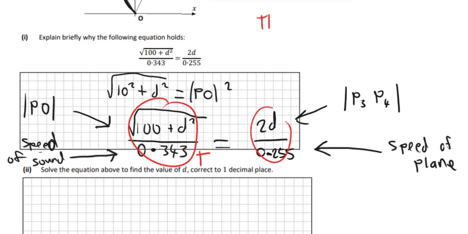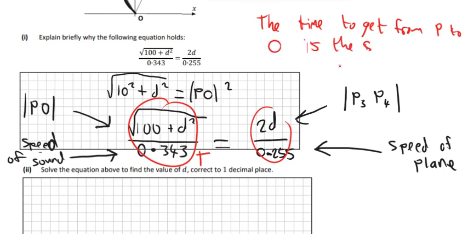So the time to get from P to O is the same as the time to get from P3 to P4.